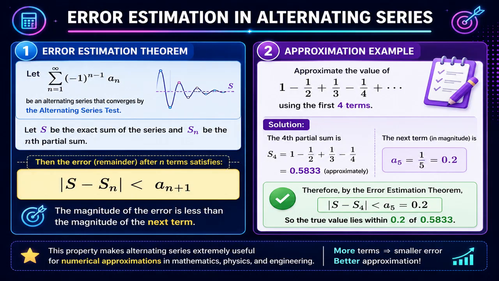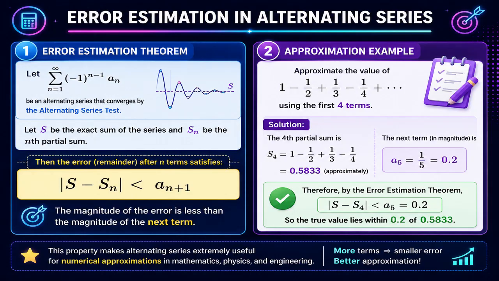According to our theorem, the absolute error of our approximation is guaranteed to be less than 0.2. This means the true value of the infinite series lies safely within the interval of 0.5833 plus or minus 0.2.